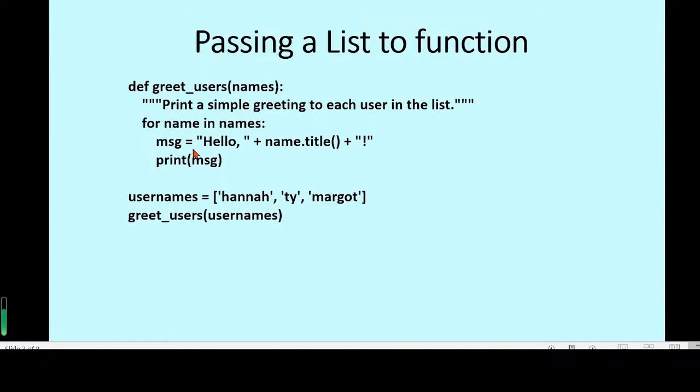Next, we create a message with the concatenation of hello and the name's title, then print this message. So when we call this function, we create usernames with 3 names in the list, then call the function greetUsers, passing this usernames list.